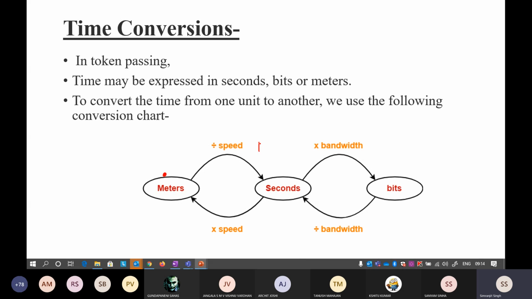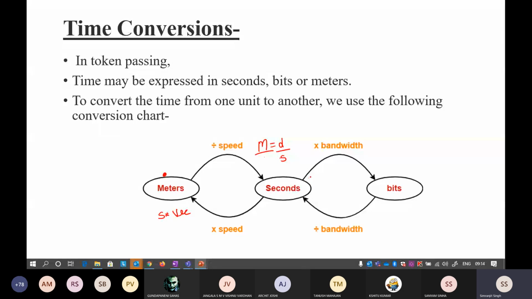Meters means it is given by distance, so you divide by speed or velocity. From seconds, if you want to convert to meters, you can multiply by speed, there is no problem in that. So you take the time in seconds and multiply it with velocity.